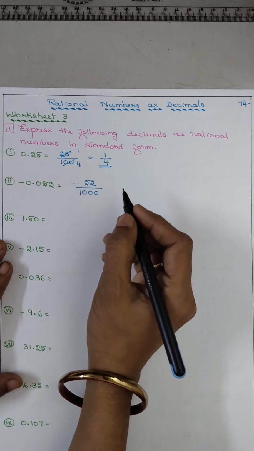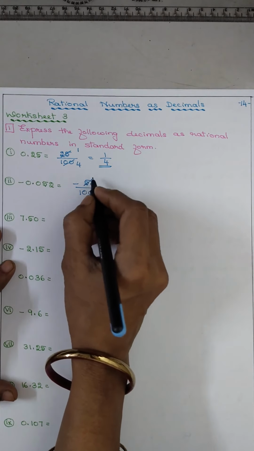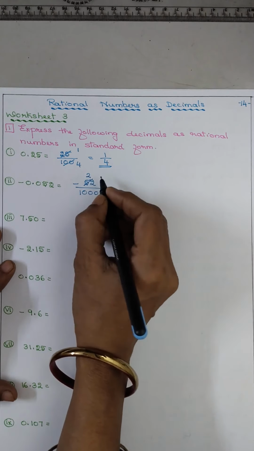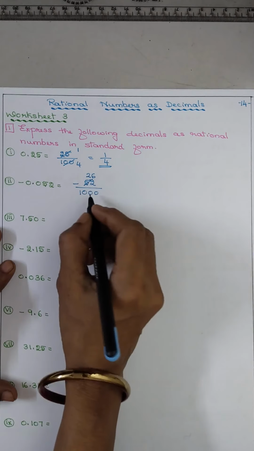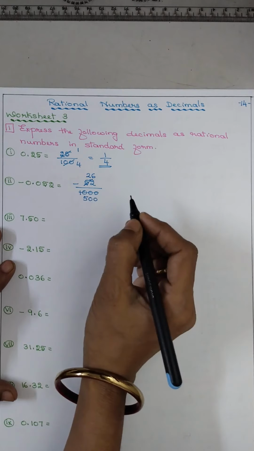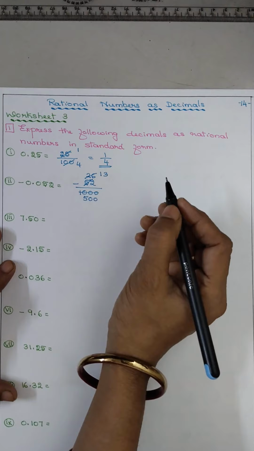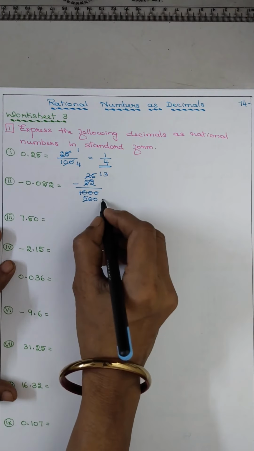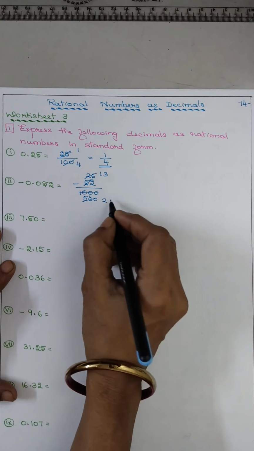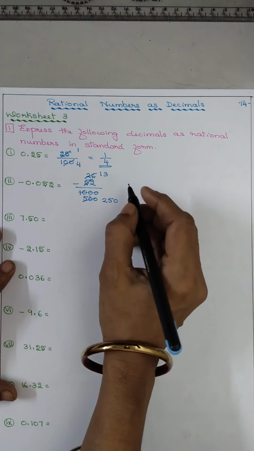Now if we take the number 52 and divide by 2: 2 2s are 4, 1 remains, 2 6s are 12, 2 5s are 10, 0. 2 1s are 2, 2 3s are 6, 2 2s are 4, 2 5s are 10, 0.